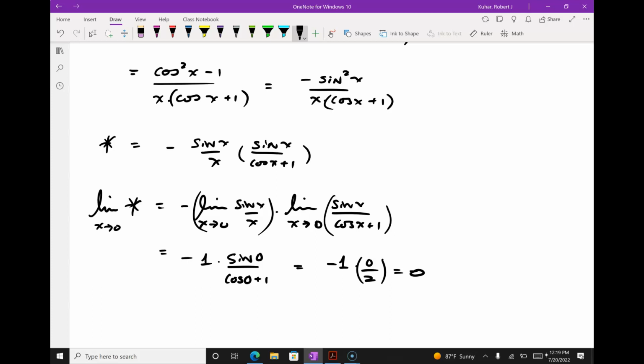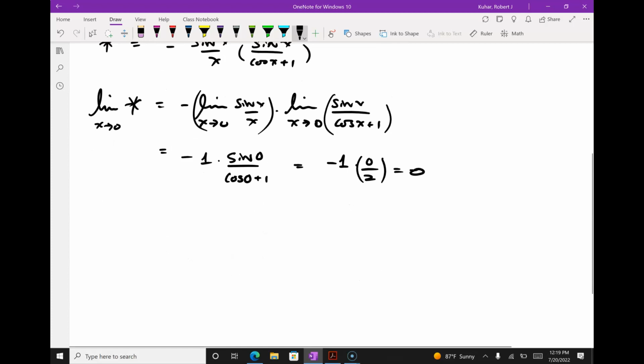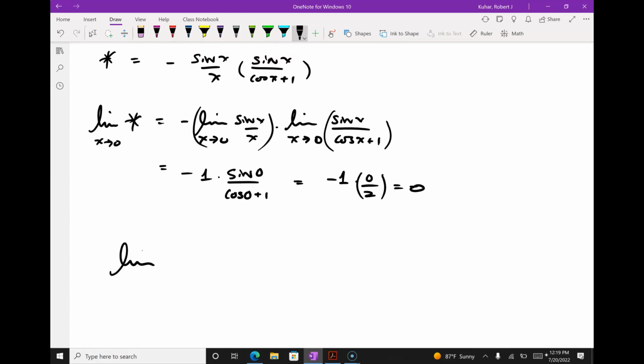Same problem, but now with L'Hopital's, right? So the limit as x goes to 0 of cos of x minus 1 all over x. I plug in right away and I get a 0 over 0. So I know I can use L'Hopital's rule. I'm just doing it a different way this time.